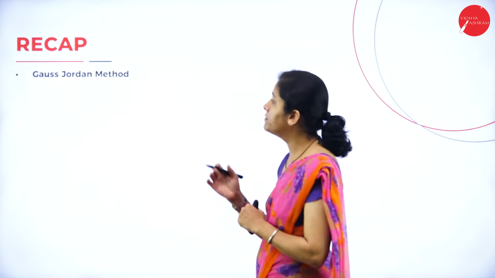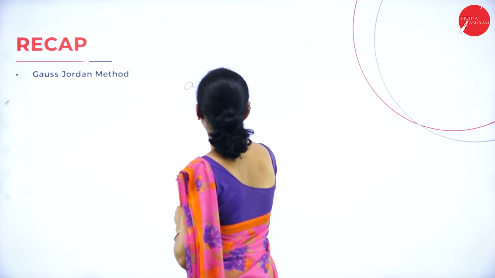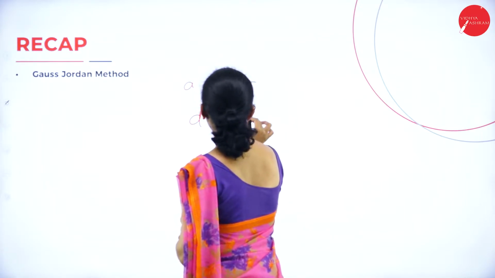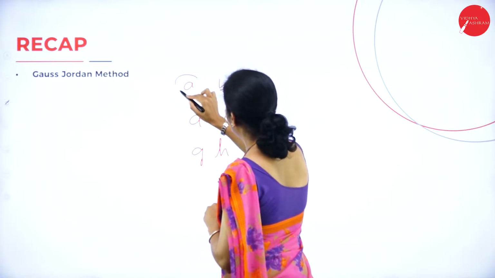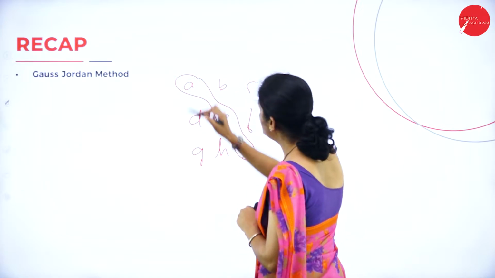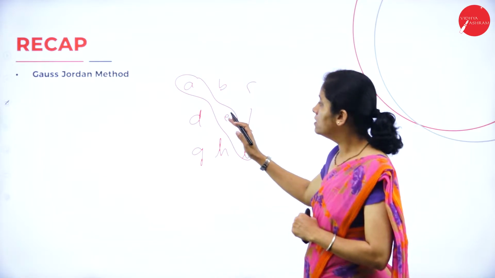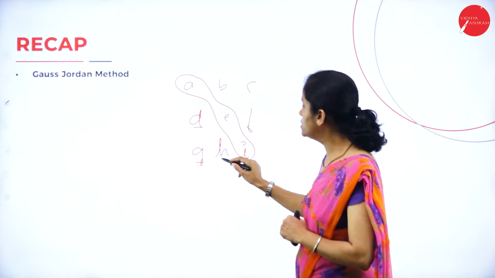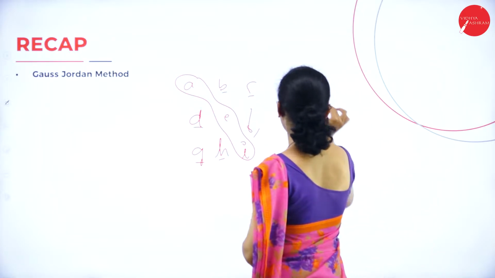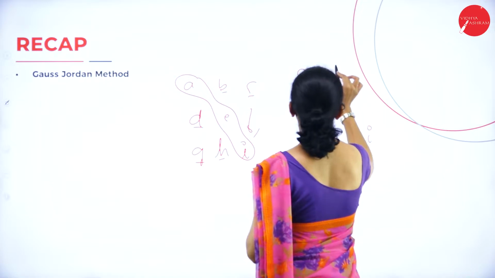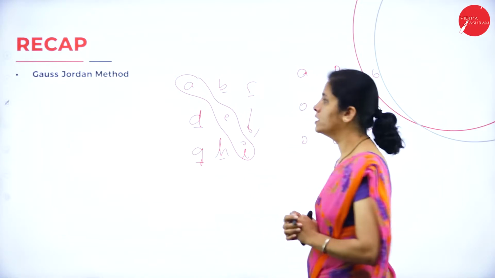If I consider the Gauss-Jordan method, think that I have A, B, C, D, E, F, G, H and I. I want to consider only the diagonal, and the rest of the elements I just want to make 0. For example, A, E, I, and 0, 0, 0, 0, 0, 0.